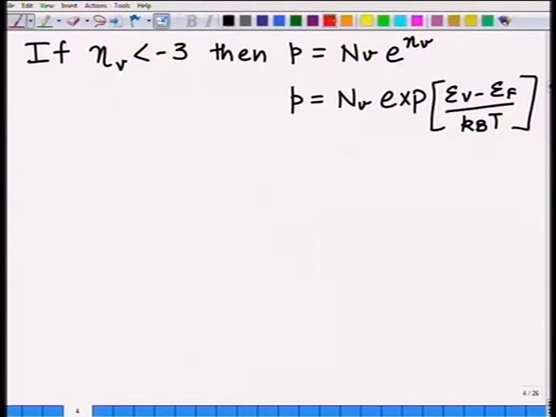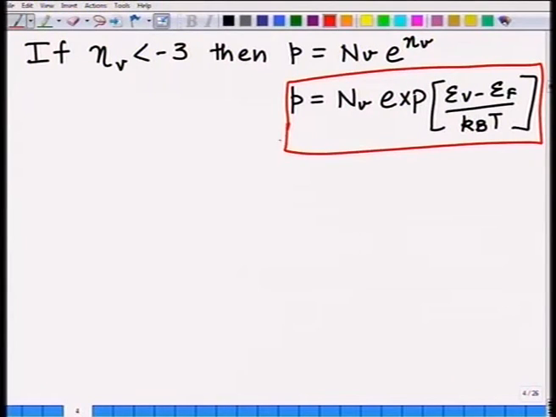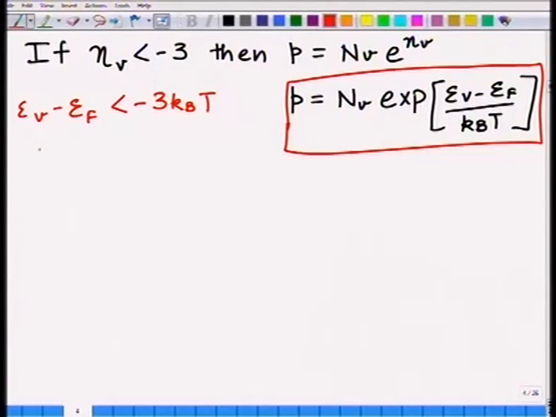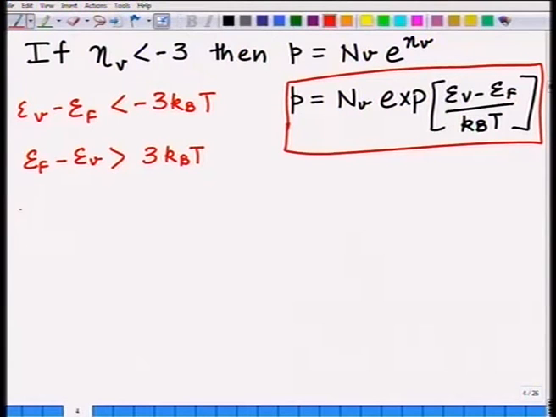So that is our formula for calculating P, in case this is true, which of course means that EV minus EF should be less than minus 3 kBT, which also means that EF minus EV should be greater than 3 kBT, which means EF should be greater than EV plus 3 kBT.